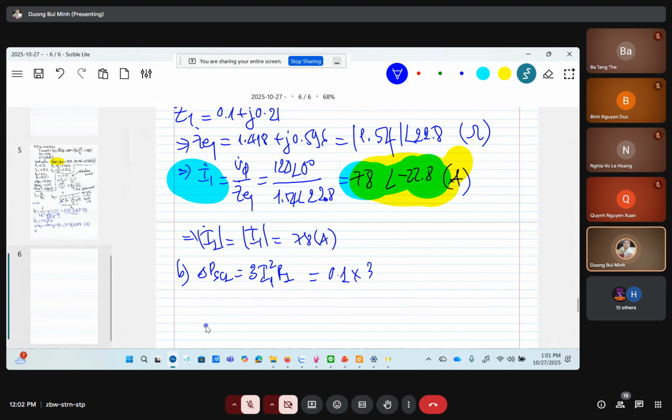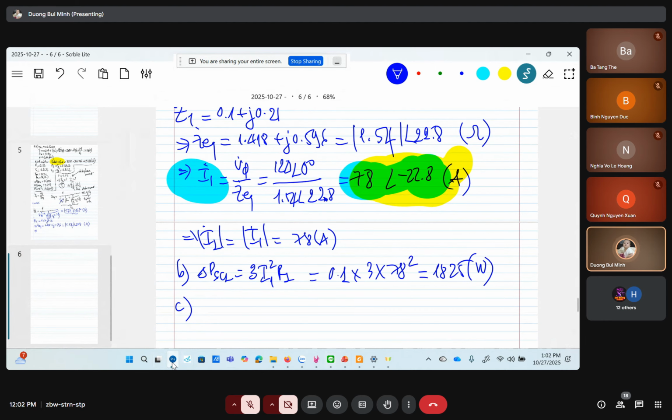So we have 3 times 78 squared times 0.1, and we can get 1825 watts.